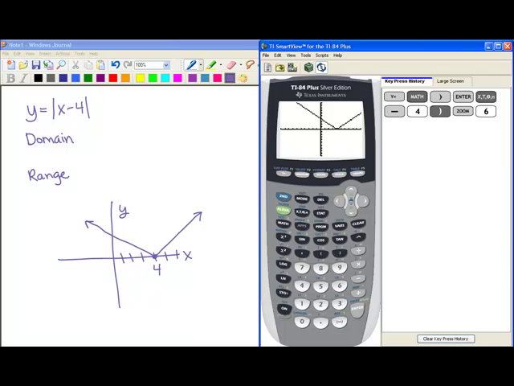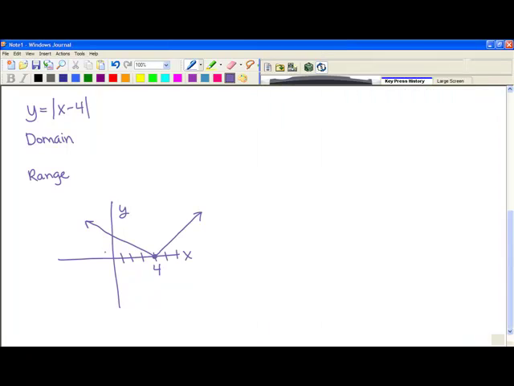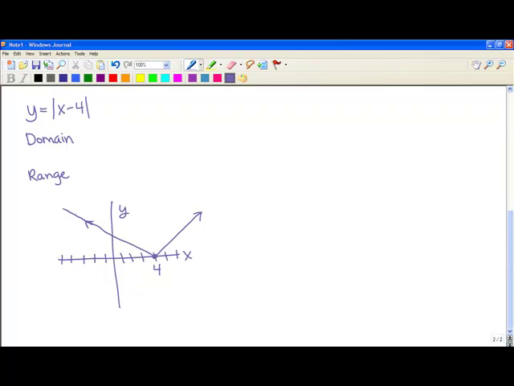Now we'll look at the domain first, and the domain are x values. So we look along the x-axis, and the function continues to go to the left. So since a function keeps going to the left, the x value associated with that would be at negative infinity. That's where the function's going, that's where it's coming from on the left side. The function continues down to positive 4, but then it keeps on going. So the domain doesn't stop at 4.